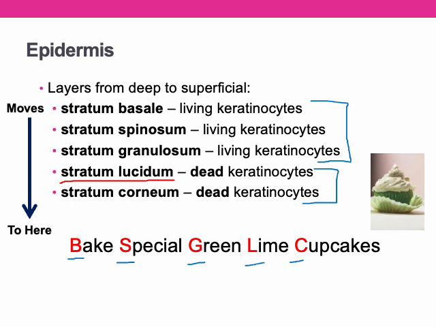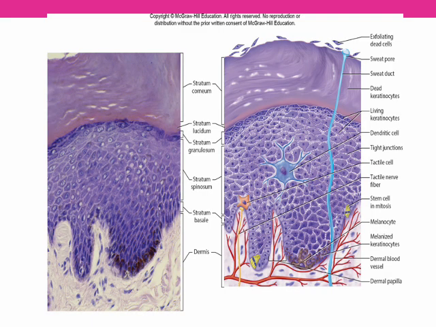special green lime cupcake. On the left side, you see a real picture of the skin and the different layers of the epidermis, while on the right side is a depiction. So you see the different layers of the epidermis from deepest to most superficial are stratum basale, stratum spinosum, stratum granulosum, stratum lucidium, and stratum corneum.